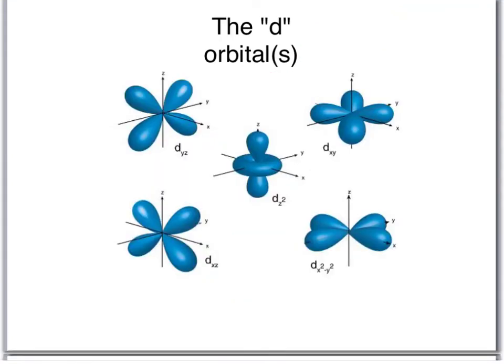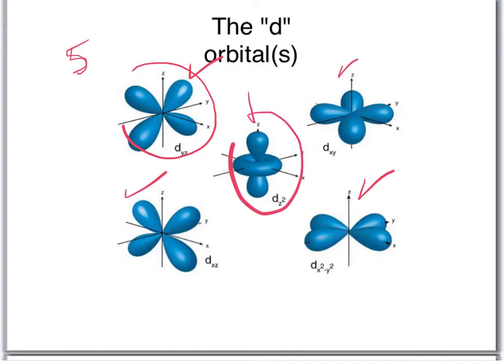The D orbitals have five different orientations. Notice there's four lobes, and of the five different orbitals, four of them just change their orientation around the three axes. This one is just, we're not even going to talk about that. But anyway, the D's can be five different orbitals.